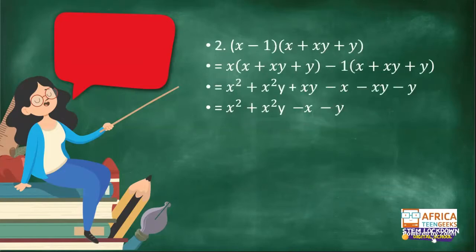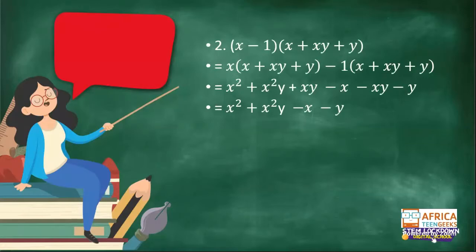And of course, the second one, once again, is a binomial multiplied by a trinomial. What is important, as I've already indicated, is that you take the first term of the binomial and multiply it out with the second bracket. Then you take the second term, which is -1, and multiply that with the entire bracket.